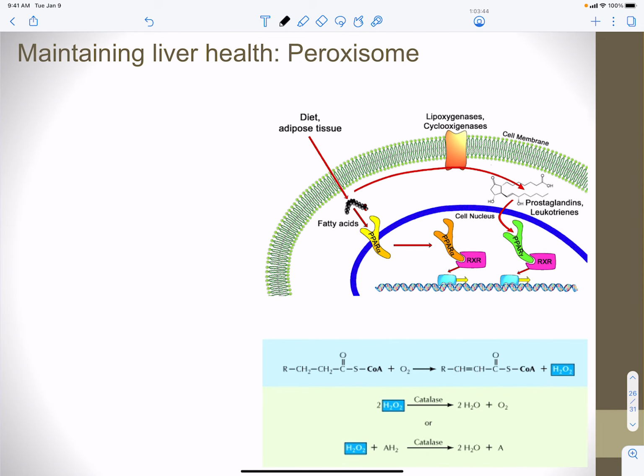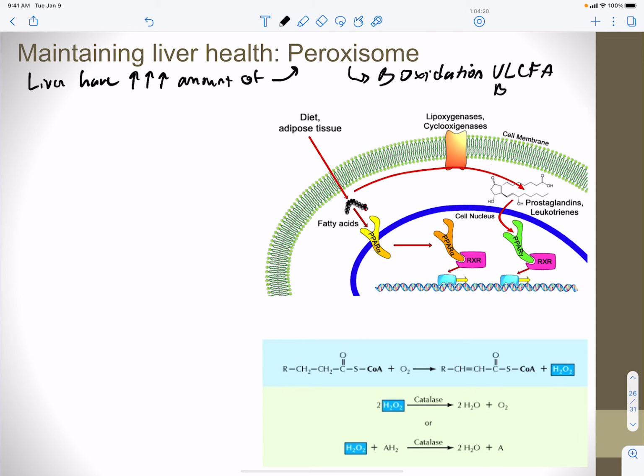Now, of course, peroxisomes are in every cell, but they are in higher number in the liver than in other tissues. They have about 50 enzymes associated with them. Your peroxisomes carry out beta oxidation of your very long chain fatty acids, as well as your branched chain fatty acids.